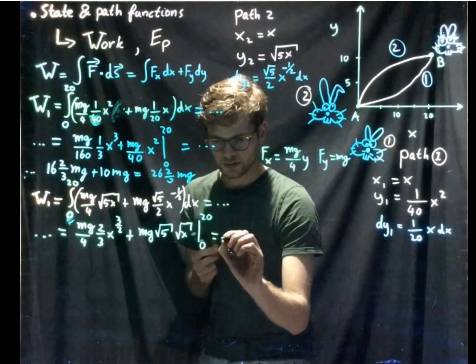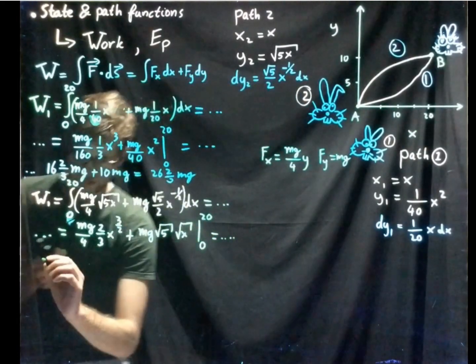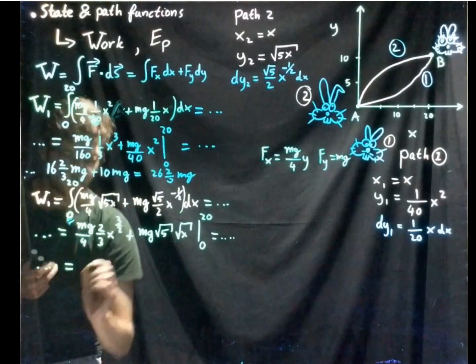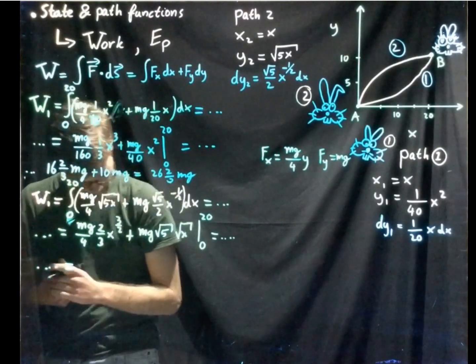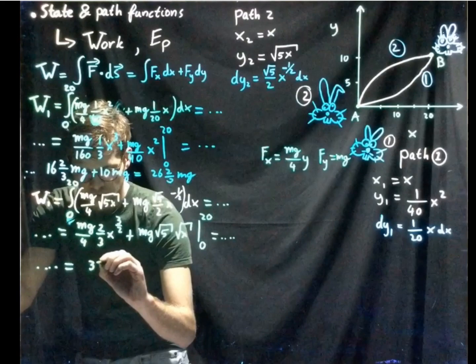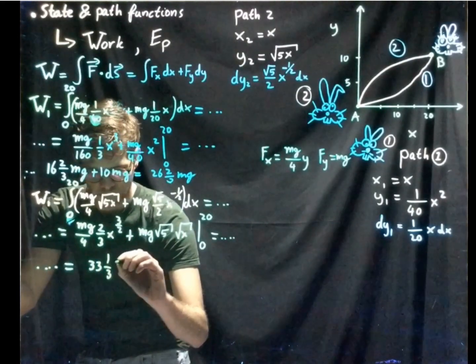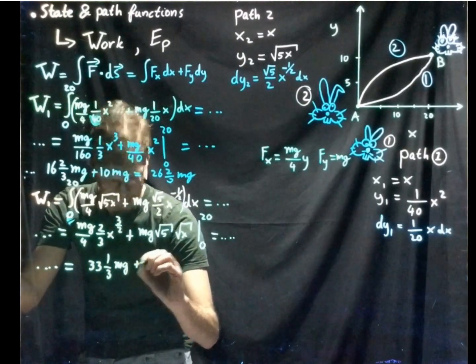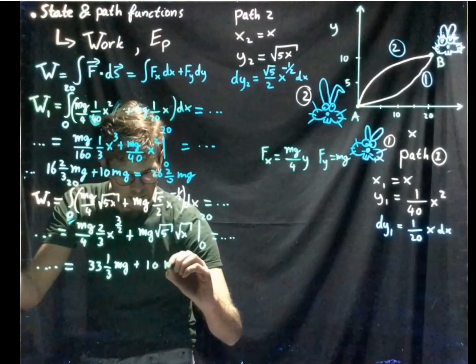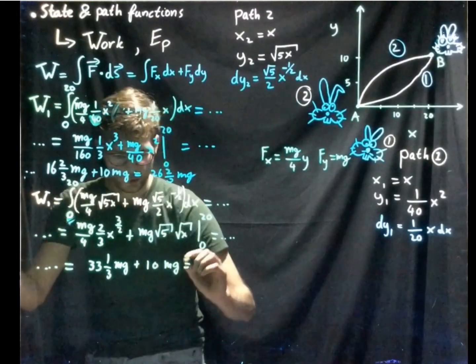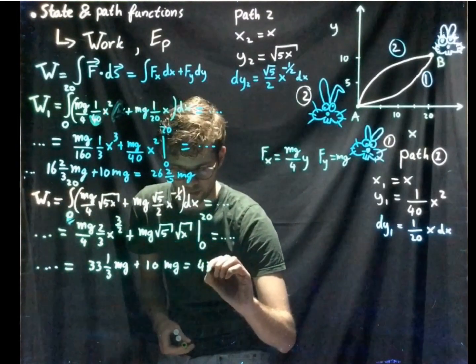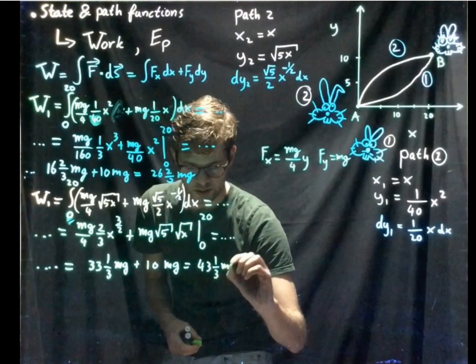From this I can get to my final answer, which will be 33 1/3 times mg plus 10 mg, which will result in 34 1/3 mg.